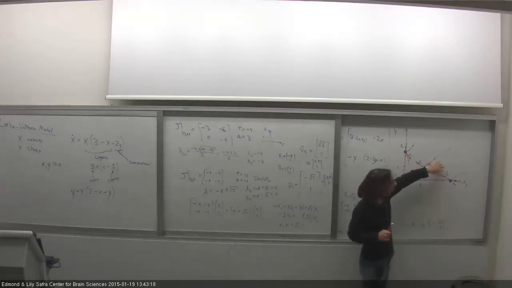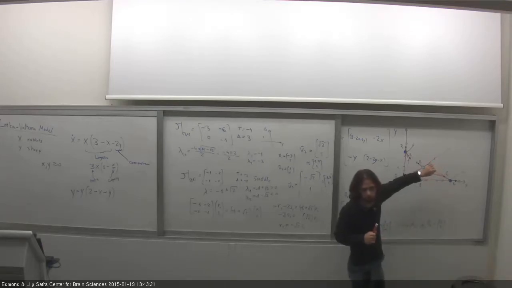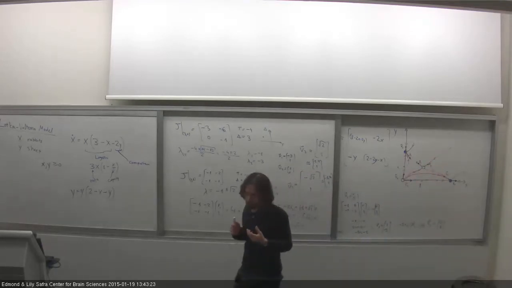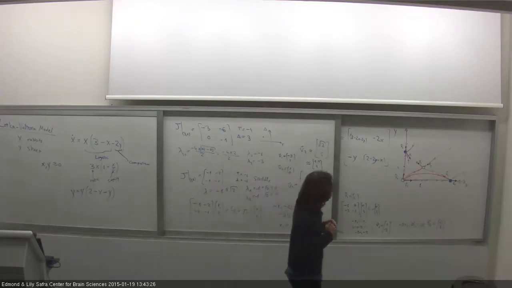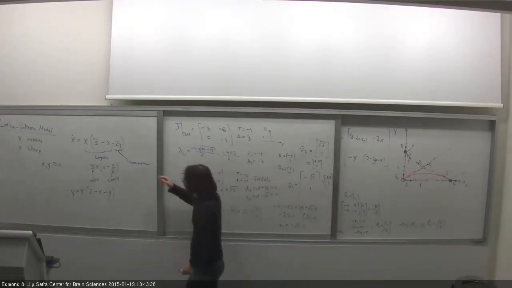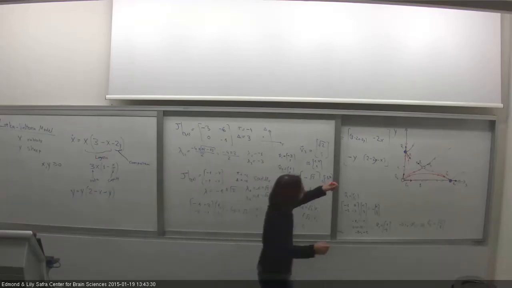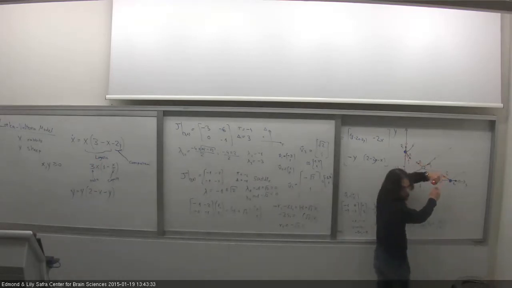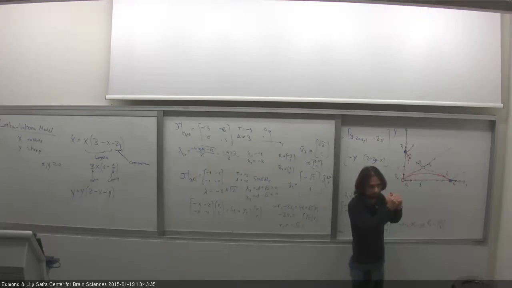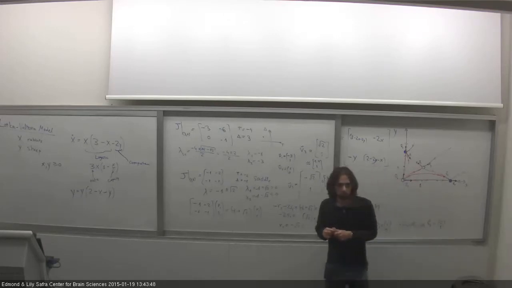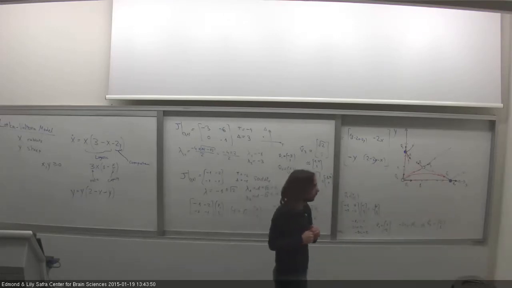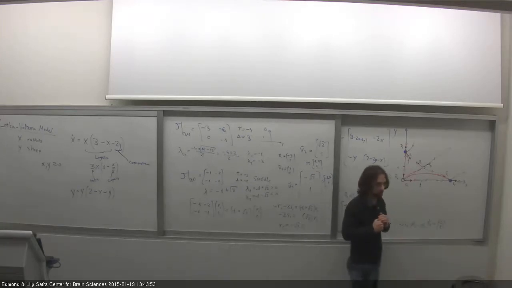We didn't learn bifurcations in 2 dimensions yet, but there is a saddle node bifurcation in 2 dimensions, and it's possible that if we change the parameters of the model, we'll get these fixed points going closer to each other and converging. So at every point along the way, they would have their eigenvectors, even when they're very, very close. And at that point, their eigenvectors would converge to each other. Just graphically looking at it, it makes sense.